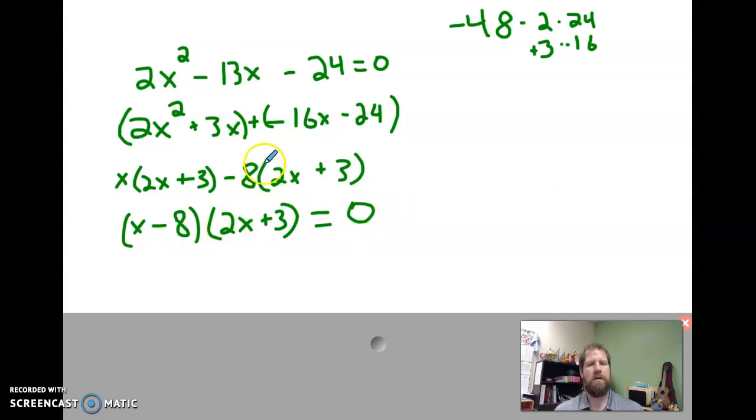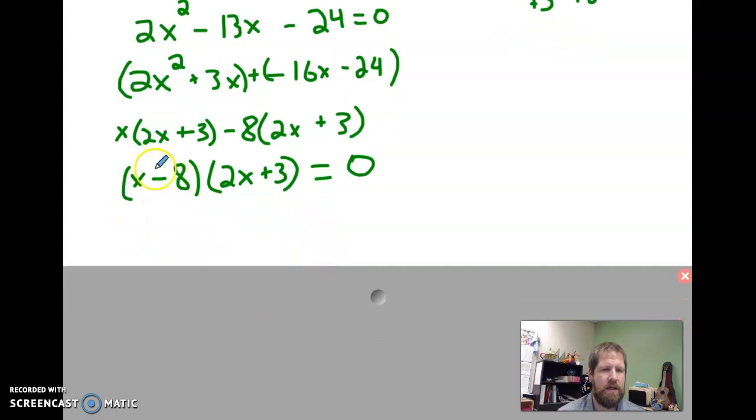So this is a kind of review of what we did last chapter, factoring out these trinomials. But now with that, I can see that since I don't have a number on this x, if this binomial was going to equal 0, this x has to be positive 8.